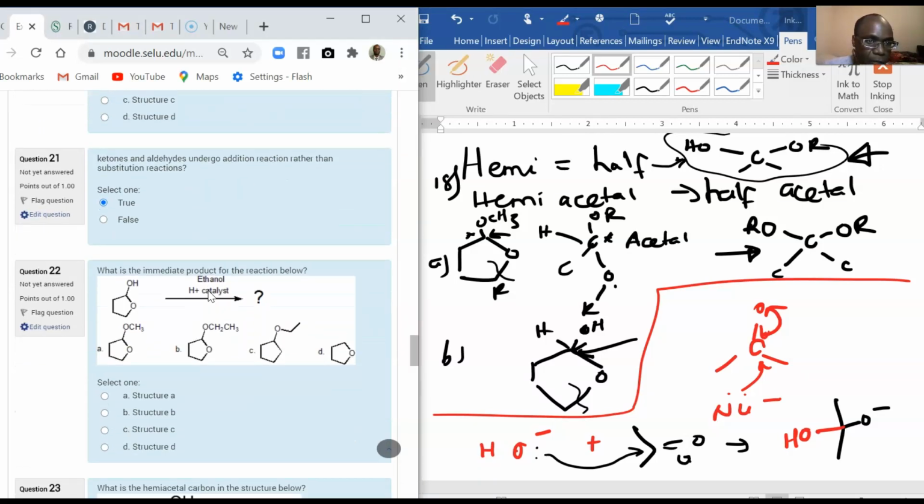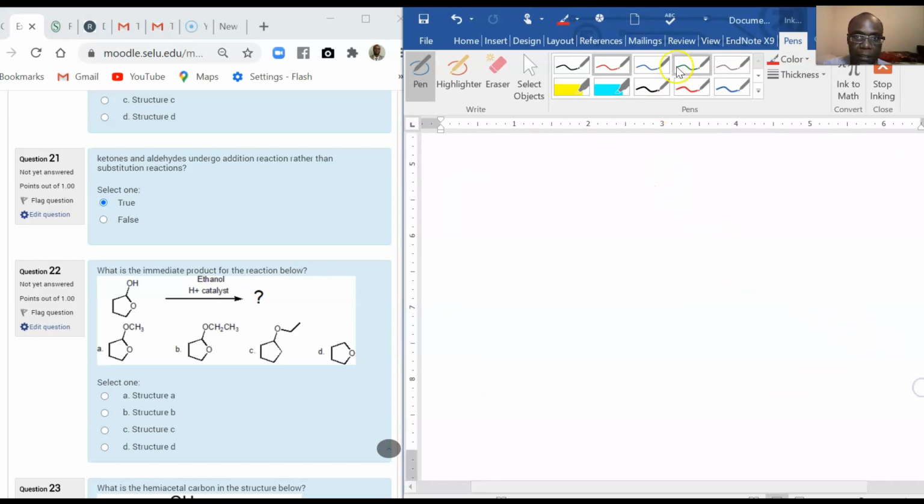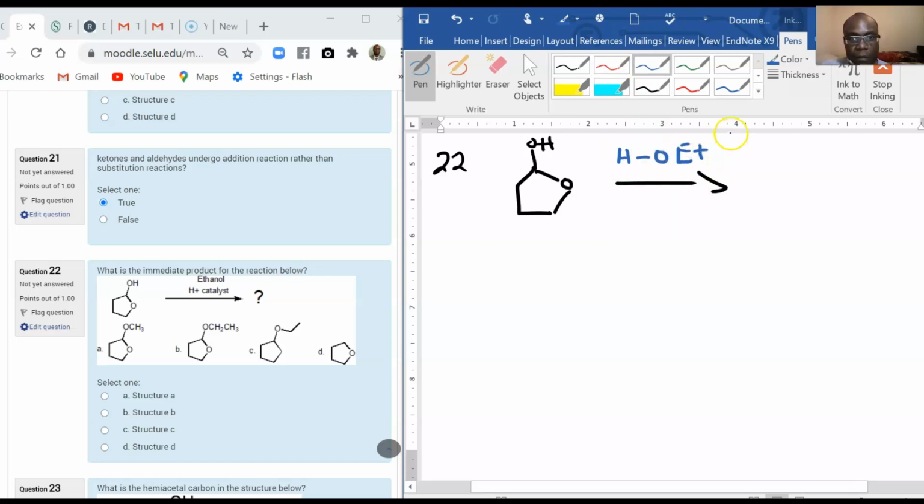What is the immediate product for the reaction below? Usually when you have a hemiacetal, like you see in question 22, that's a hemiacetal. If you give the hemiacetal an alcohol, I remember very well, I gave you the shortcut where the OH is going to be lost, the H of the alcohol will be lost, and you're condensing the molecule together.